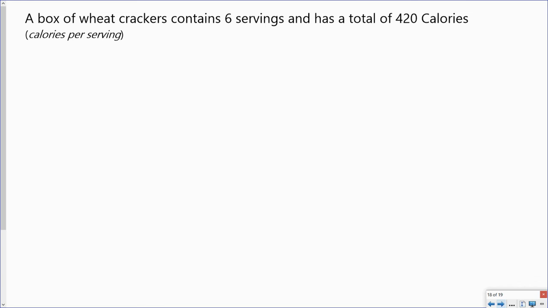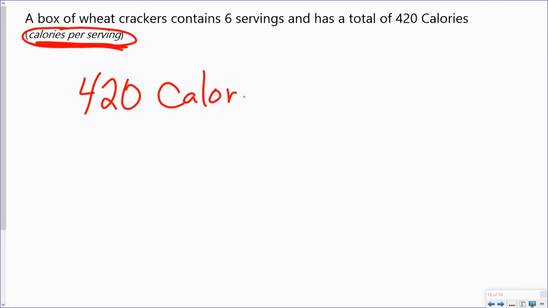Here I have a box of wheat crackers that contains 6 servings and has a total of 420 calories. I want to know how many calories there are per serving. Again, here is my clue. So I'm taking my 420 calories per 6 servings.